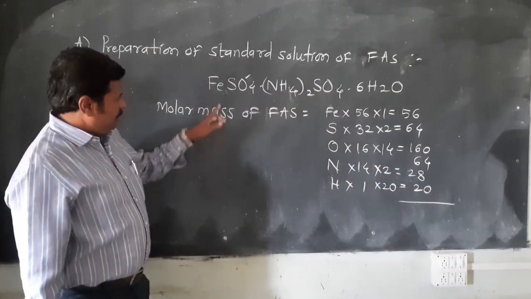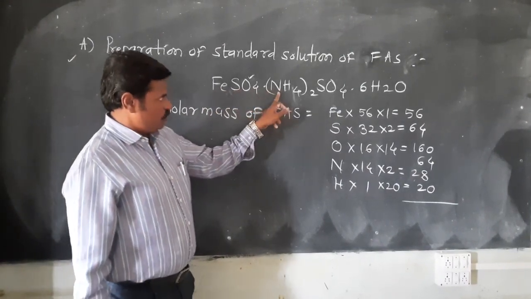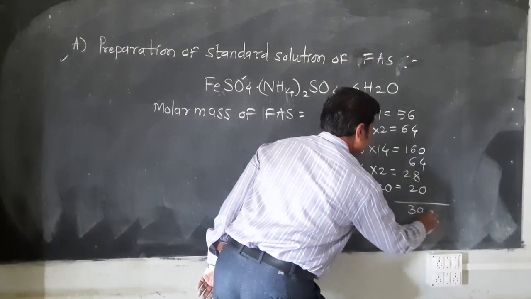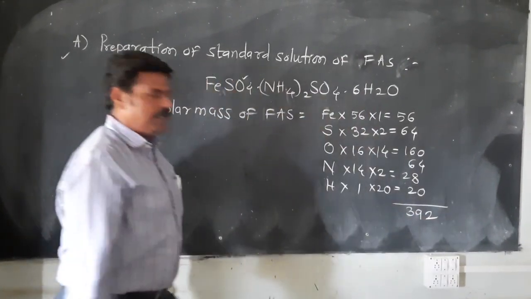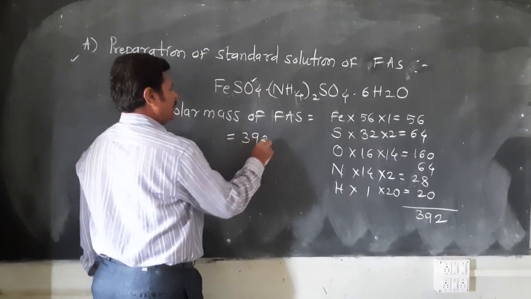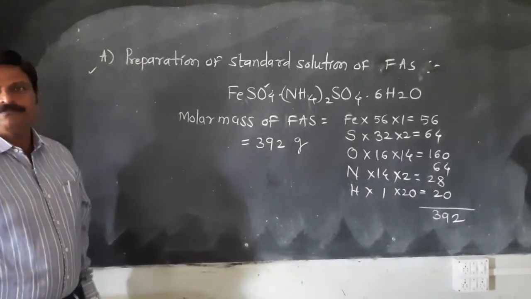No atom remains: iron, sulfur, oxygen, nitrogen and hydrogen. This addition becomes 392. So molar mass of ferrous ammonium sulfate is 392 gram.